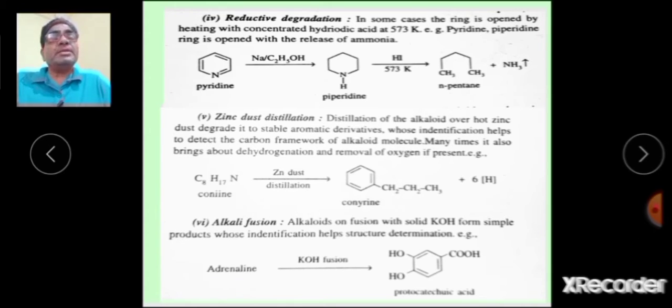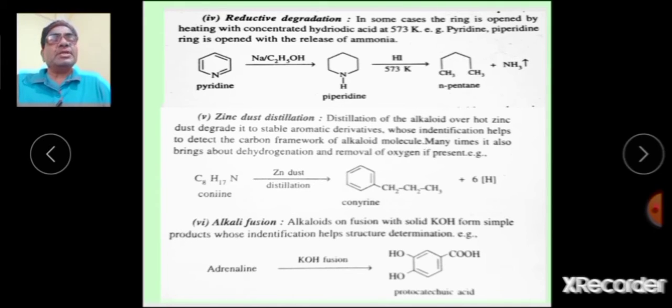Another method is zinc dust distillation. The distillation of an alkaloid over hot zinc dust degrades it to a stable aromatic derivative whose identification helps to detect the carbon framework of the alkaloid molecule.